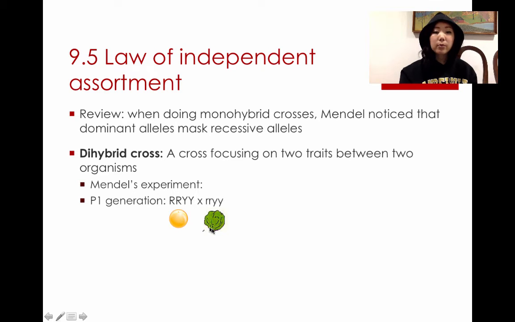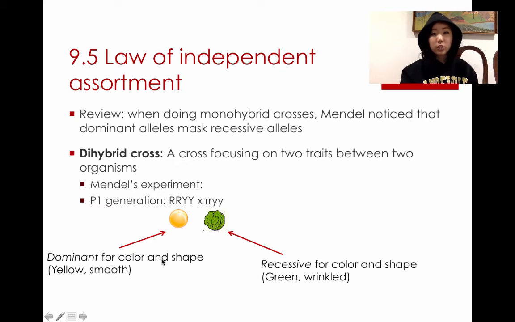And then the other one was homozygous recessive for both the color and the shape. So remember, dominant is yellow and smooth, and the recessive is green and wrinkled. These are just terms that you should know. Both of these are homozygous because they have the same alleles.